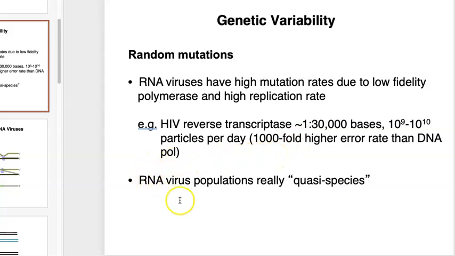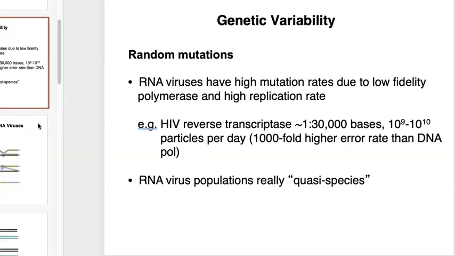And as a result, RNA virus populations are really considered quasi-species, or a mutant horde, as we like to call it, meaning that you have a single type of parent that enters the cell, and then what comes out of it is, again, just a whole horde of different mutants, and with selection acting on those mutants and selecting for the most successful, the most transmissible, and so forth.